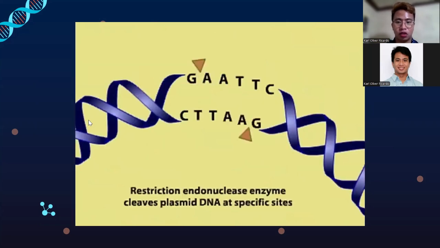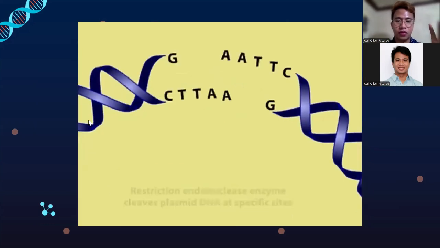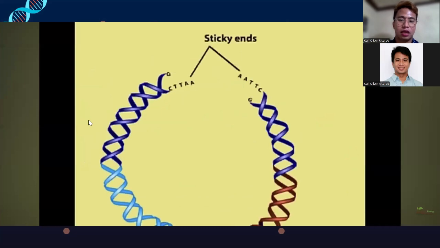Pero bago po mangyayari yun, we must first use a restriction enzyme to cleave the vector at the cloning site. Again, yung restriction enzyme is used to cut. So here, for example po, we have EcoR1, which is used to cleave the palindromic sequence, for example GAATTC, to produce single-stranded ends.